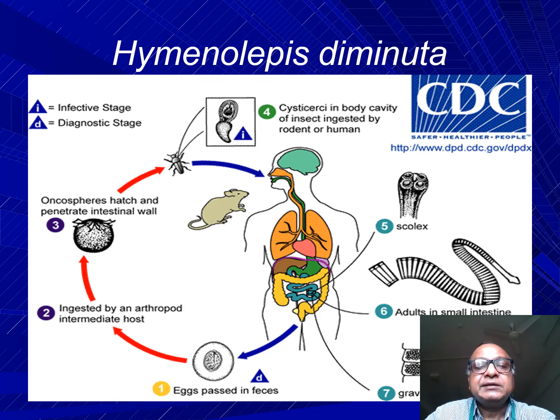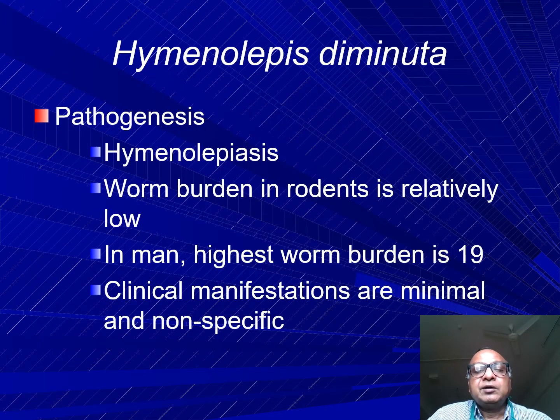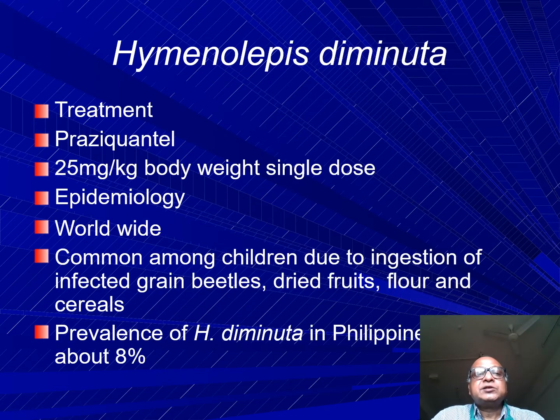The flea and the rat and accidental man are the hosts. Non-specific minimal manifestation in the man, and the worm burden in the rodent is also low. Treatment is the same, praziquantel 25 milligram per kg body weight.